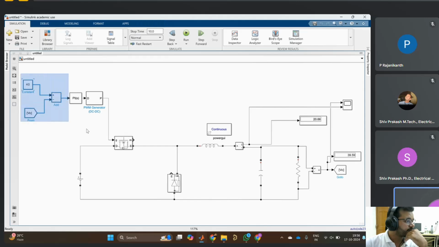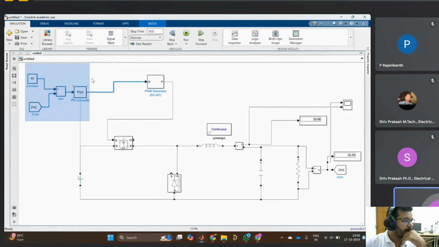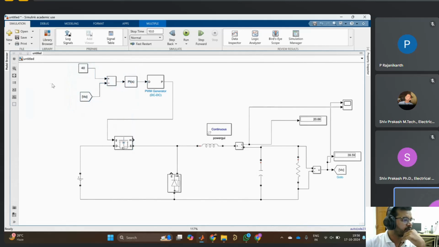Okay, same thing if you want to apply an MPPT on this buck converter, then you first have to take a PV array.